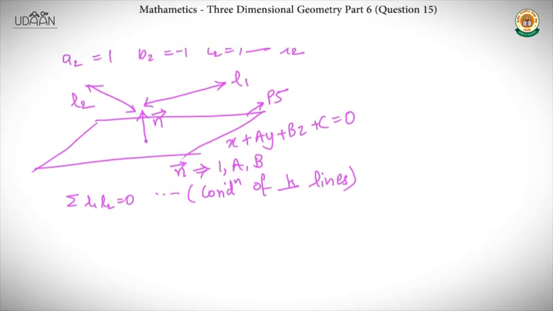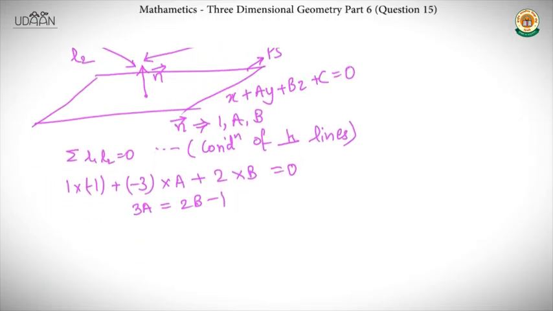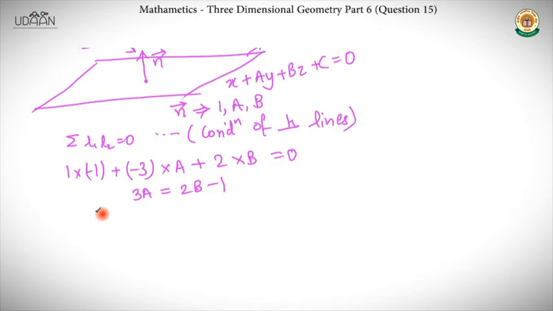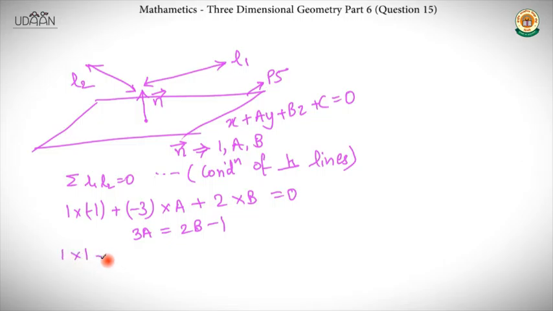So we would get 1 into minus 1 plus minus 3 into a plus 2 into b equals 0. That is 3a equal to 2b minus 1, and we would get another equation as 1 into 1 plus a into minus 1 plus b into 1 equal to 0.